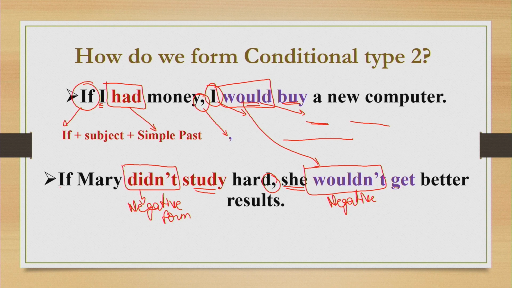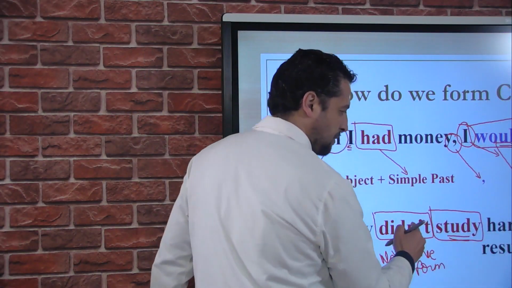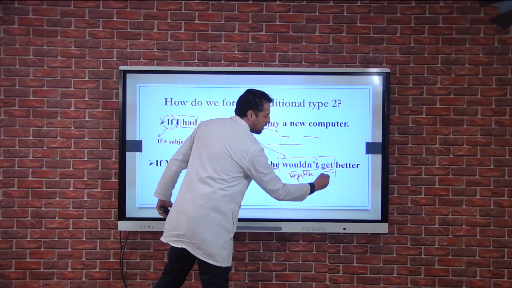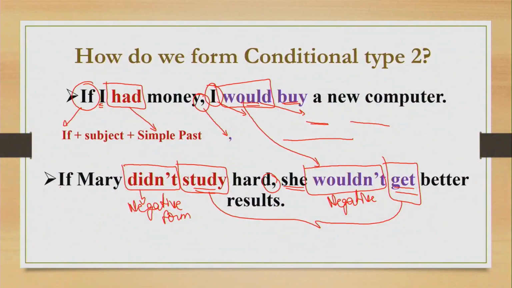It's followed by the verb in the infinitive form. So bear in mind that in both clauses, even when they are in the negative form, the verbs are in the infinitive form.